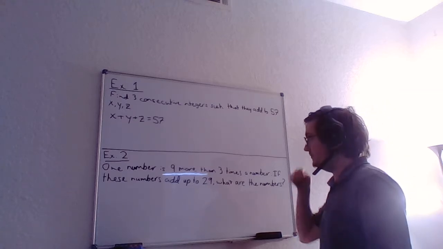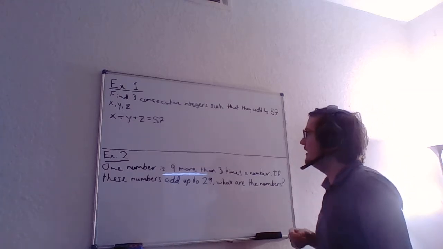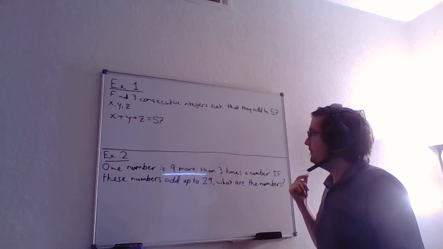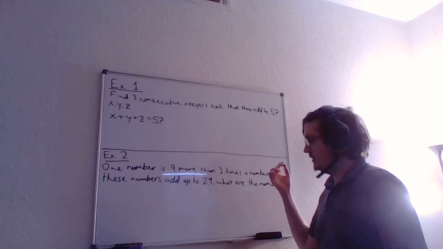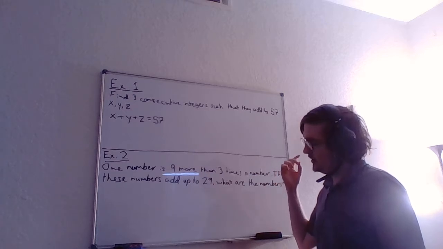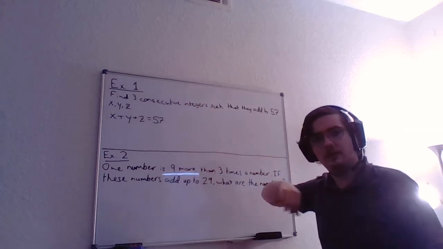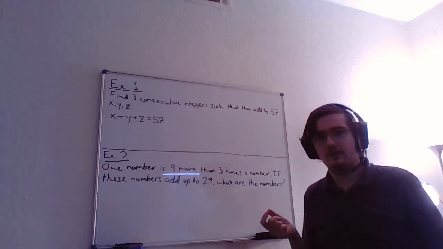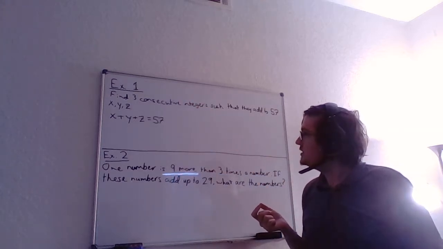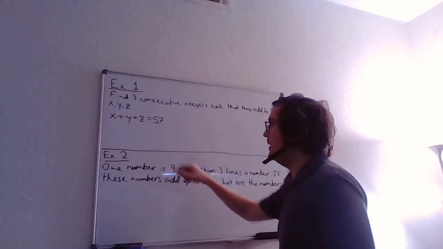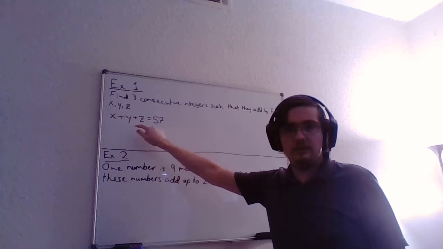Now, the other equations they gave us all come from this word consecutive. Now remember, that means one after another. Right? So if we say x is the smallest consecutive number, that means y is one more and z is two more.